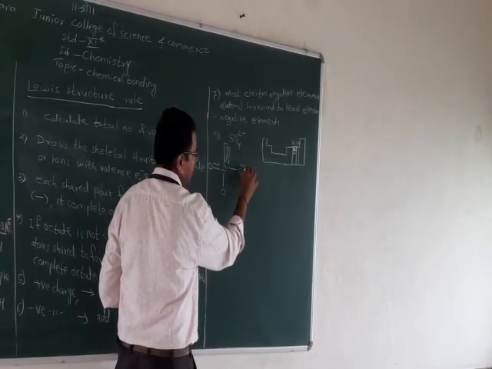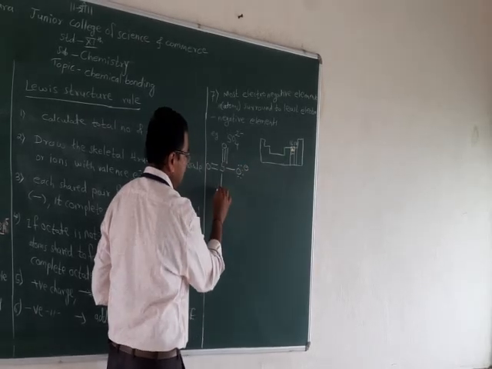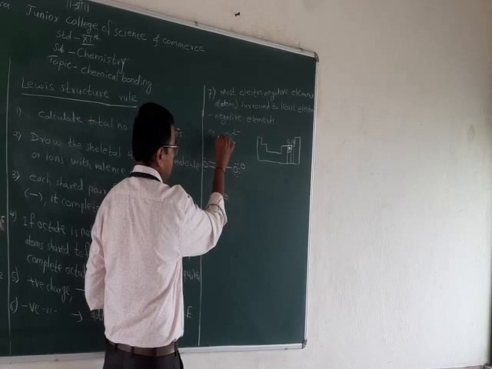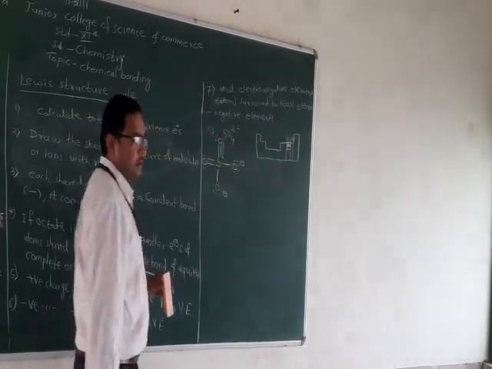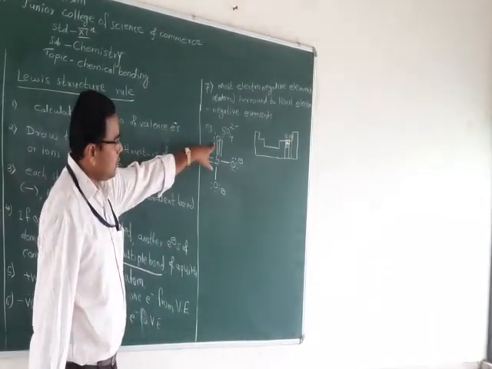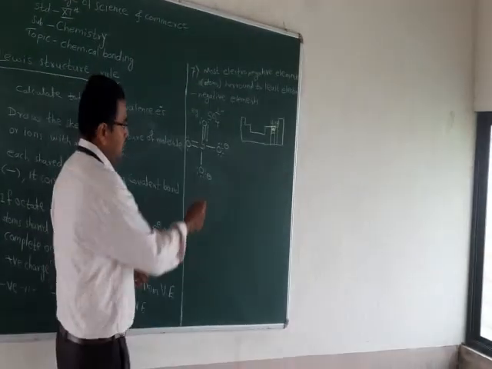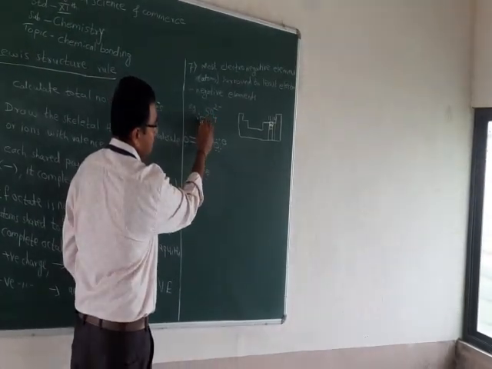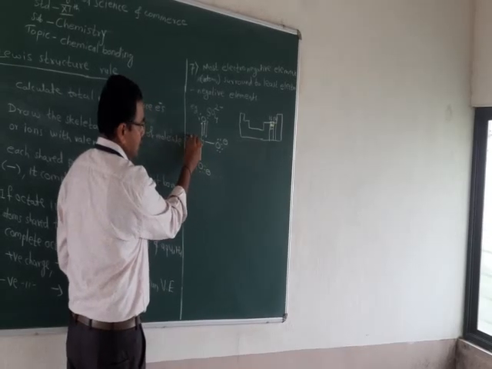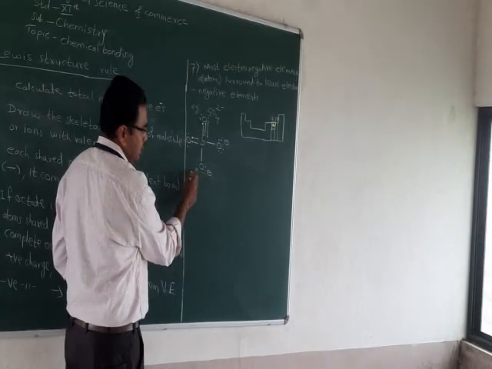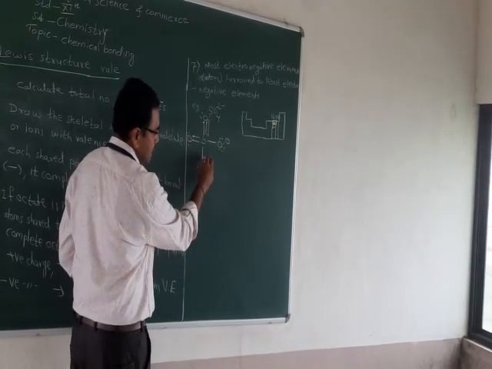The number of electrons are represented just like this. Oxygen contains 6 electrons, 1, 2, 3, 4, 5, 6. This oxygen also contains these 6 electrons. This oxygen contains 1, 2, 3, 4, 5 and 6.